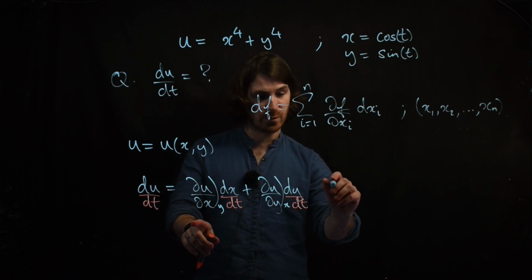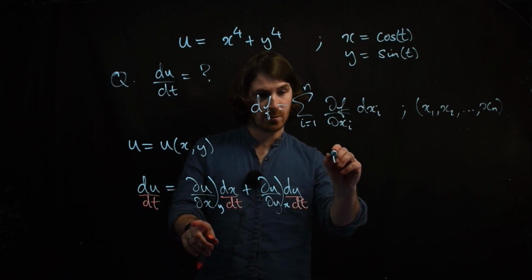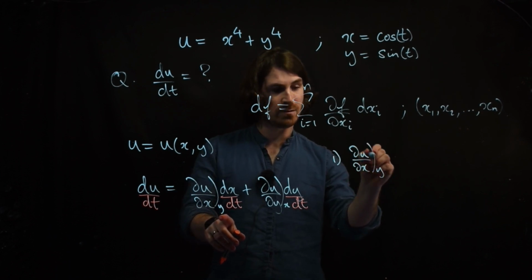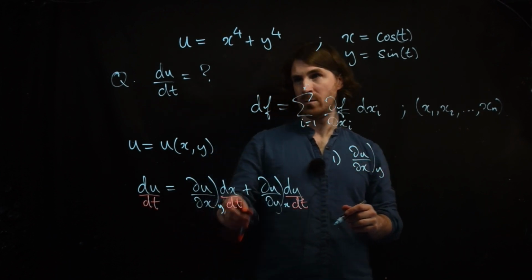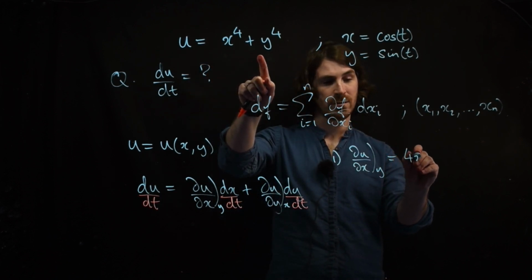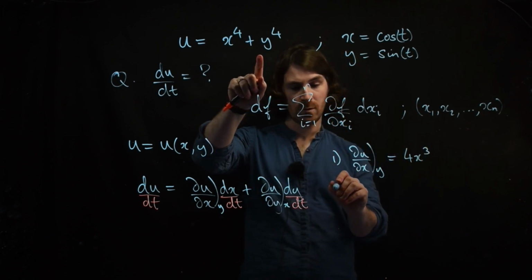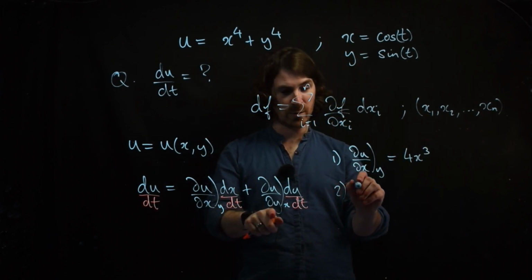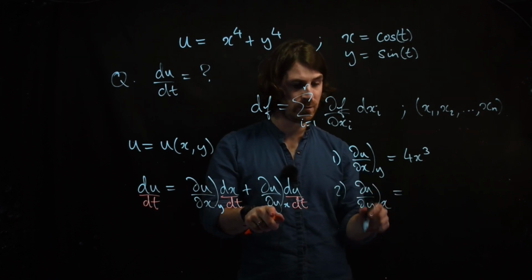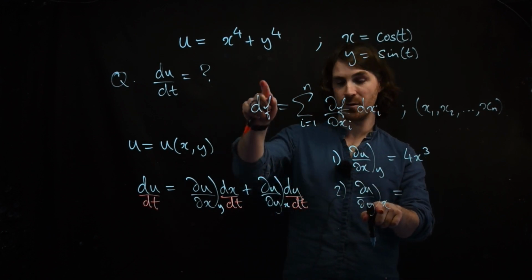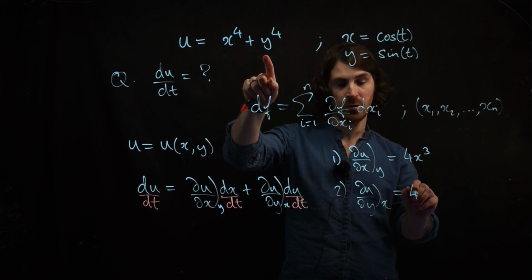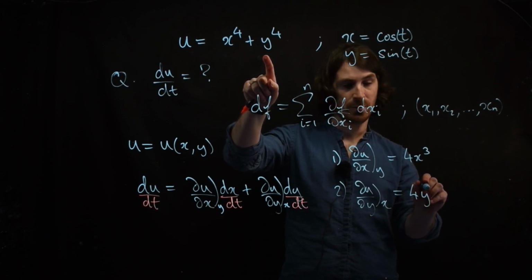So we need four things. We need du by dx with y held constant, which is just 4x cubed. We need du by dy with x held constant, which is just 4y cubed.